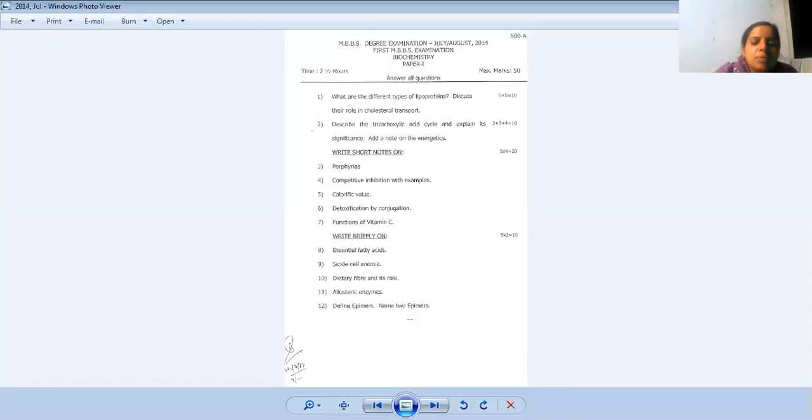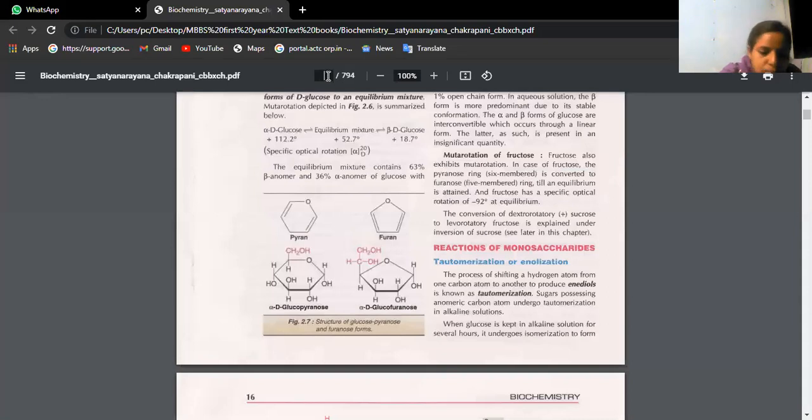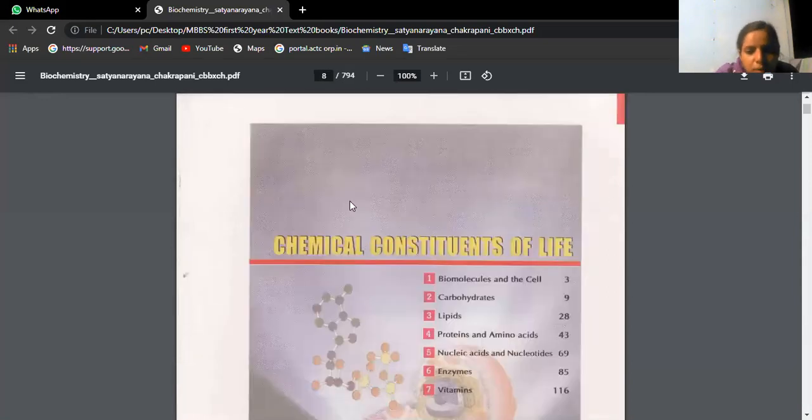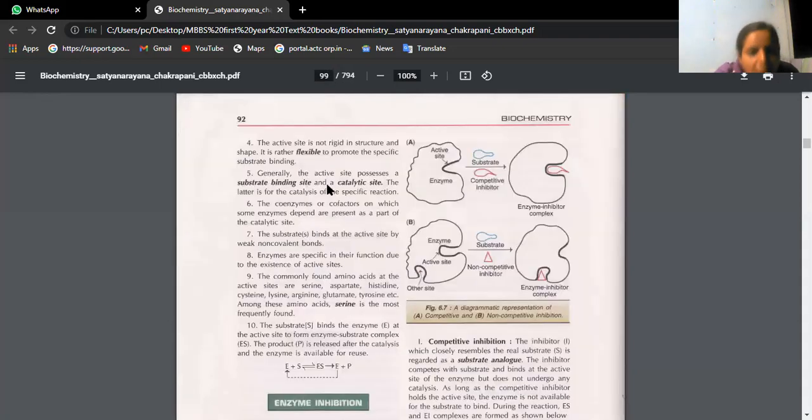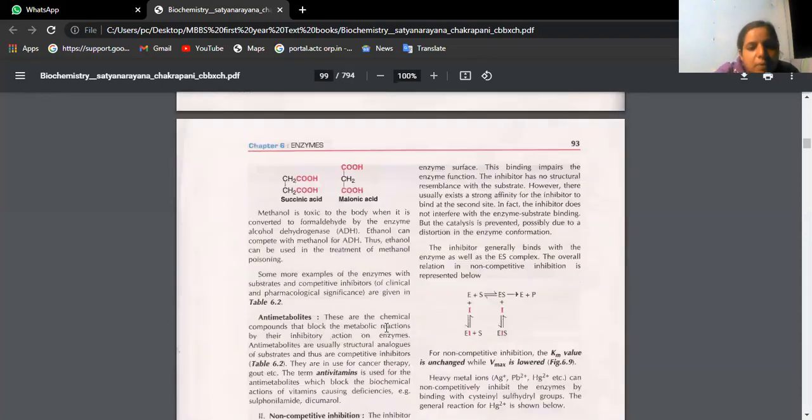Allosteric enzymes. Okay, allosteric enzymes.